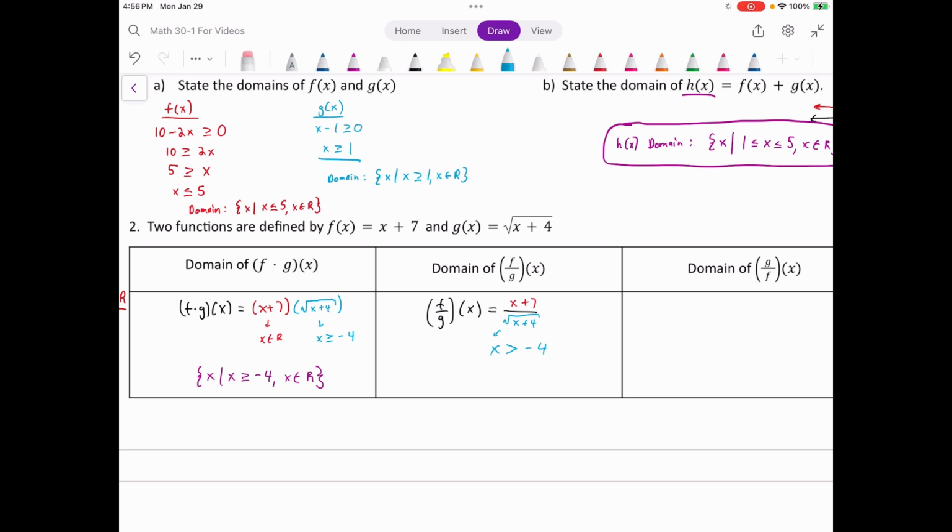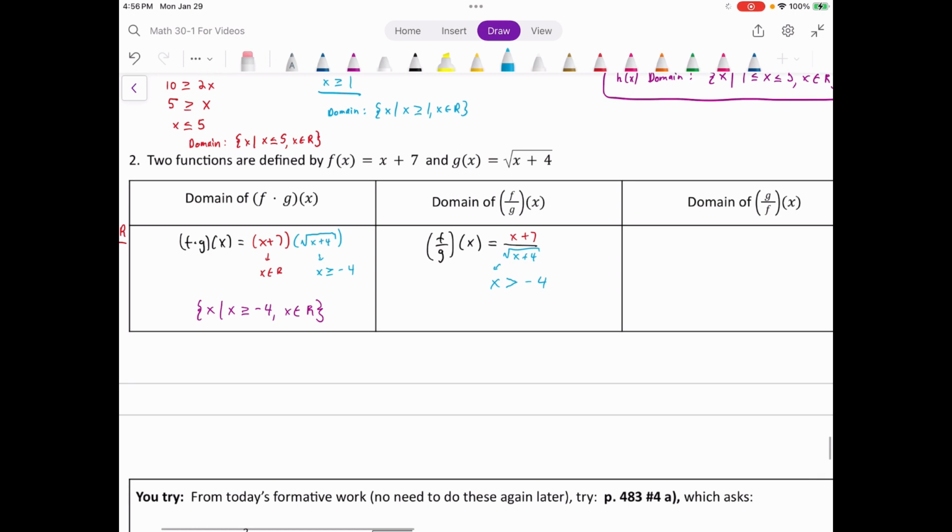Our denominator there cannot be 0. So that's going to change things here. Very similar looking, but slightly different. That means our domain is x such that x is greater than negative 4. Strictly greater than, we say, as opposed to greater than or equal to.